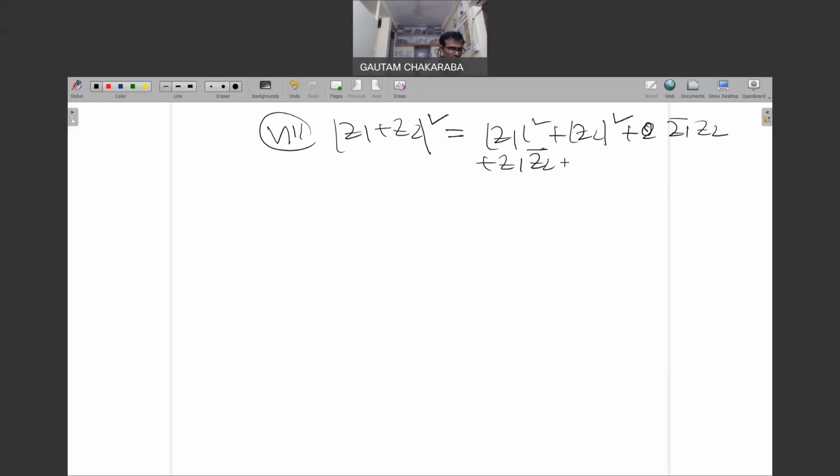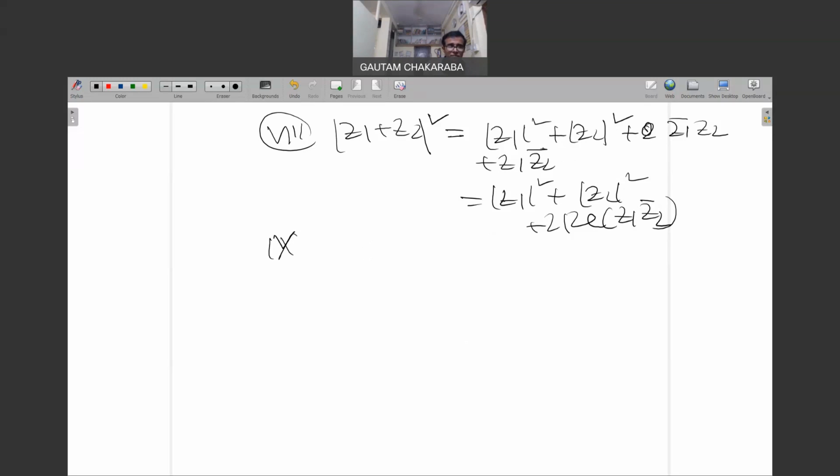Otherwise you can say modulus Z1 squared plus modulus Z2 squared plus 2 real part of Z1 into Z2 conjugate.